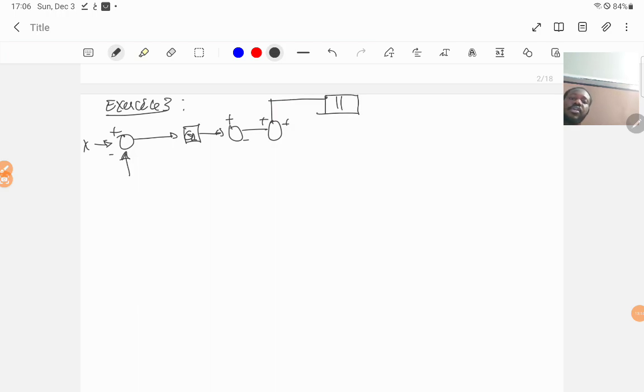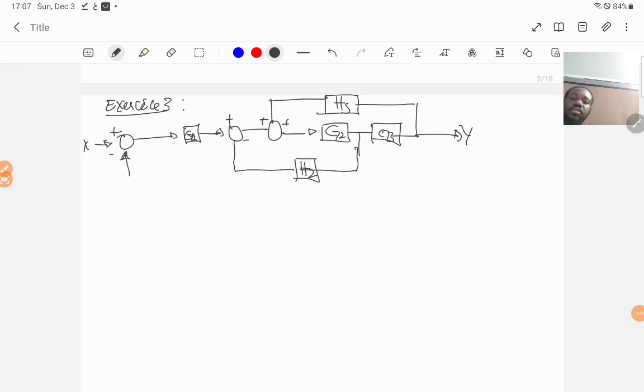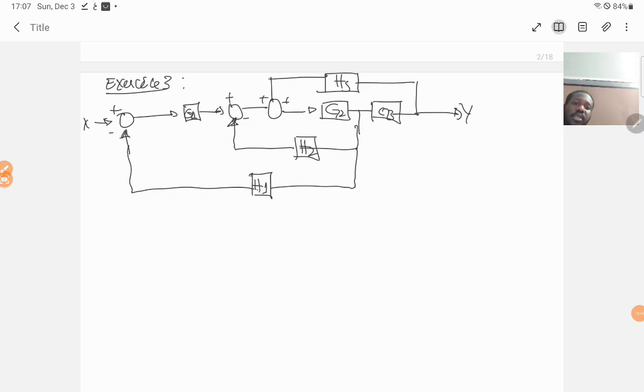You have feedback here h3. You have here also g2, here g3. You have y in here. I have in here h2 that will be linked to this, and also h1 that will be linked to this one. So that's our diagram, and we will try to reduce it to a simple form.